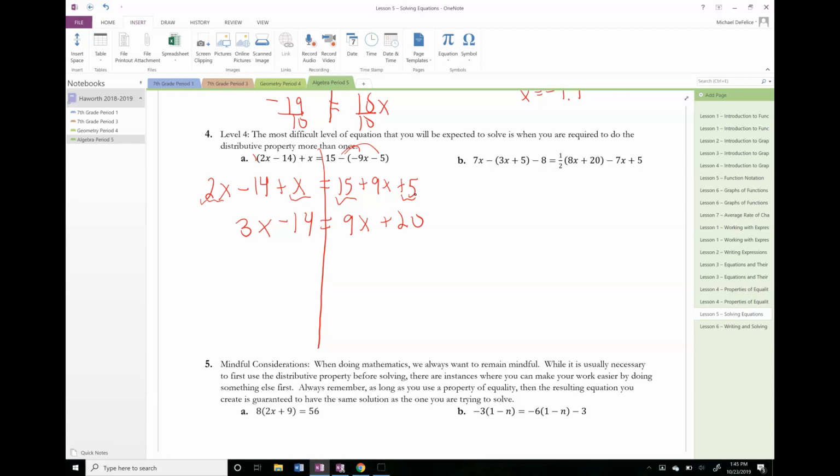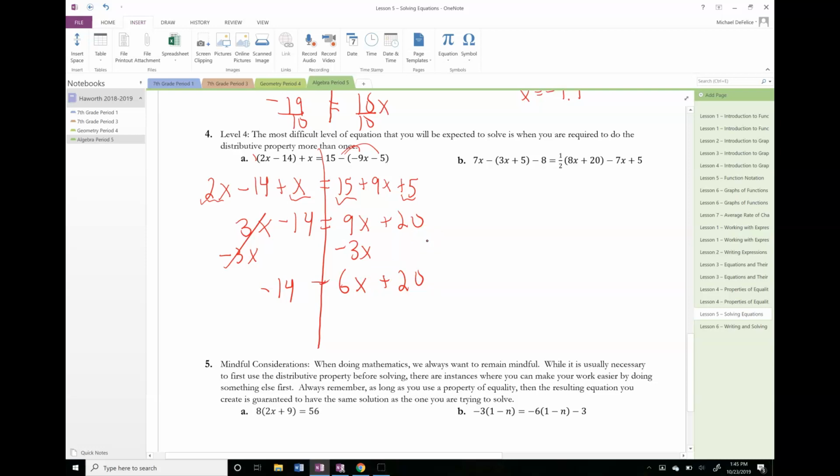Now I see variables on both sides. I have, again, two choices from here. I can either subtract 3x or I can subtract 9x. I'm going to do the one that keeps the variable term positive, though. I'm going to subtract 3x. That makes 0. I'm left with negative 14 equals 6x plus 20.